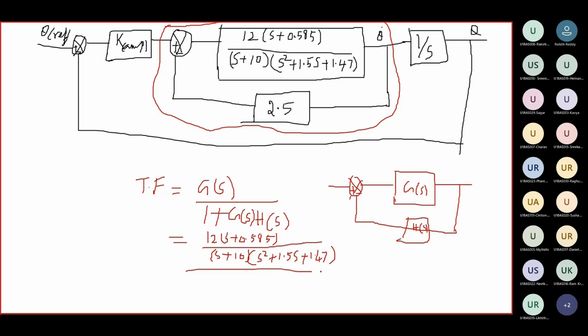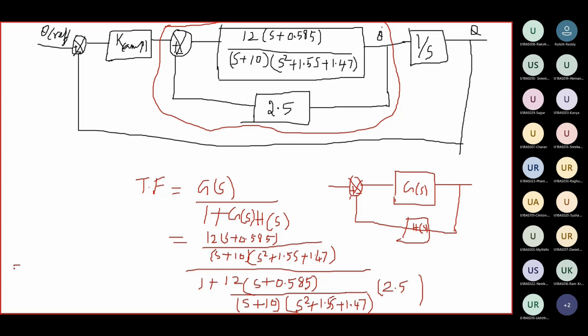This is G of S divided by 1 plus G of S, again 12 into S plus 0.585 divided by S plus 10 into S square plus 1.5S plus 1.47, into where H of S, this feedback is 2.5, we multiply with 2.5.